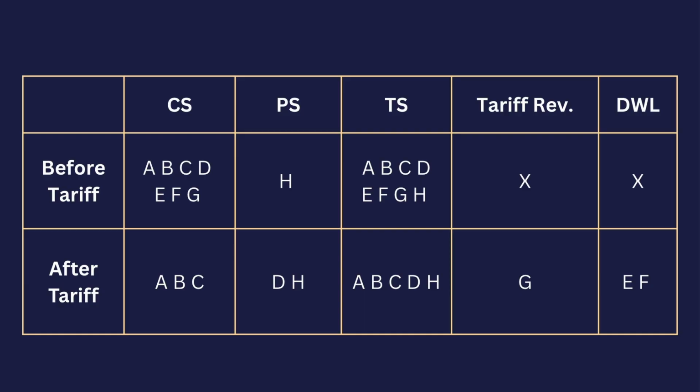Before the tariff, the consumer surplus is A plus B plus C plus D plus E plus F plus G. After the tariff, it remains A plus B plus C. And the producer surplus before the tariff is only H. After the tariff it is D plus H. The total surplus before the tariff is A plus B plus C plus D plus E plus F plus G plus H. But after the tariff, it remains A plus B plus C plus D plus H. The tariff revenue: after the tariff, the U.S. government will receive the area G as tariff revenue.